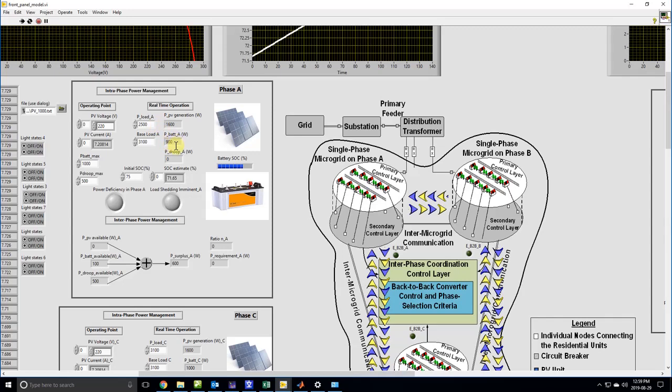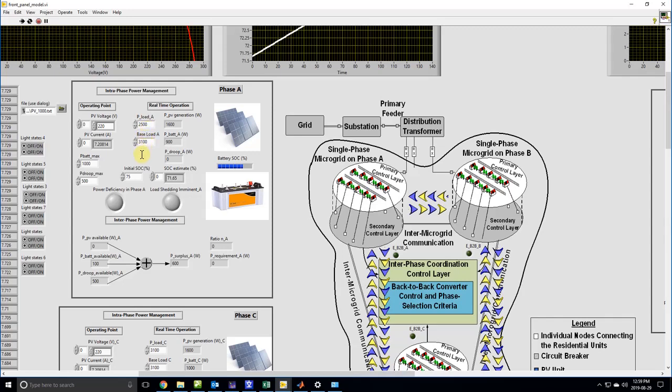There is no need for the P droop, which is the power from the droop unit, so hence this is 0 watts over here. Since the battery is discharging, you can see that the SOC is going down from the original 75%. There is no current power deficiency in phase A, and no load shedding is required in phase A, because the load is considerably lower than the base load, which is over here as 3.1 kilowatts.